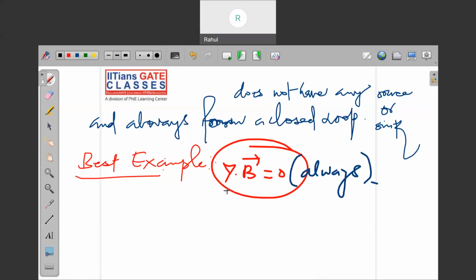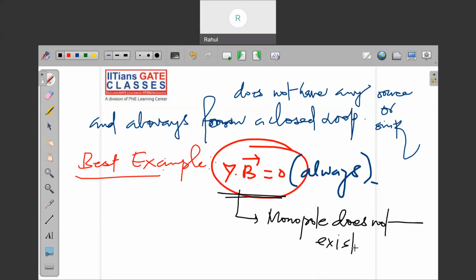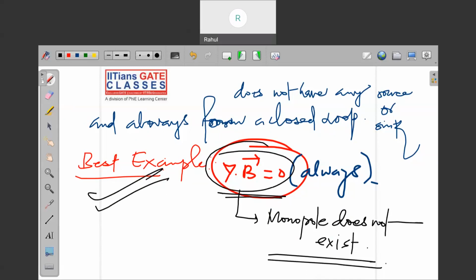What is the meaning of this? Divergence of B equal to 0. It means that the monopole does not exist. Monopole does not exist, right?